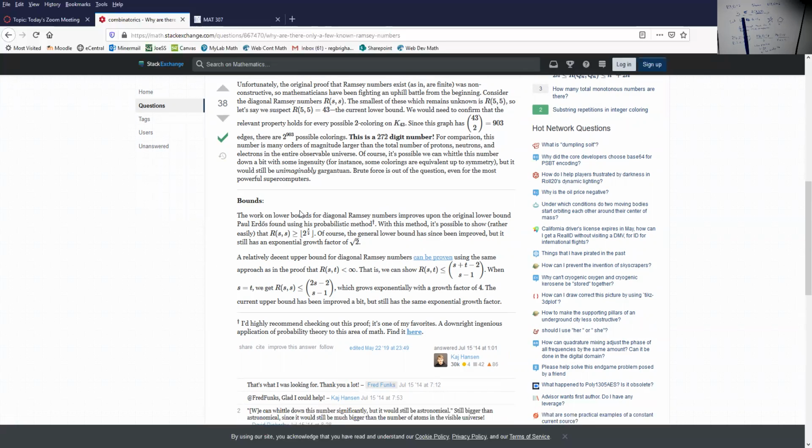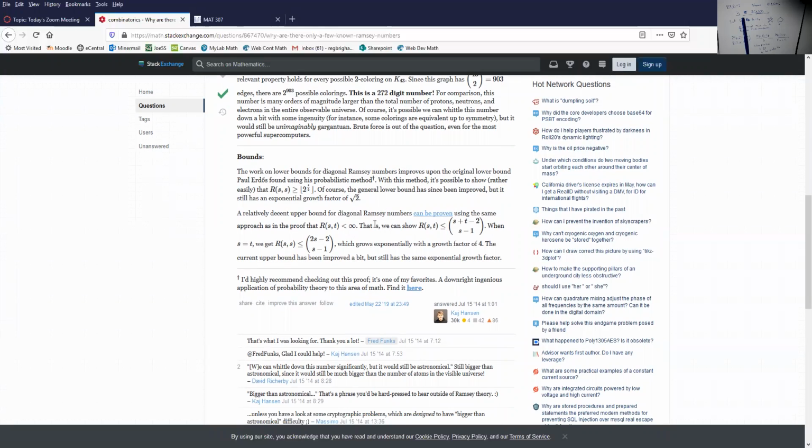The upper bounds, there is some work on lower bounds that involves a probabilistic method. Some of these things haven't improved in like 50 years. We're still using the same thing that Erdős found 50 years ago.